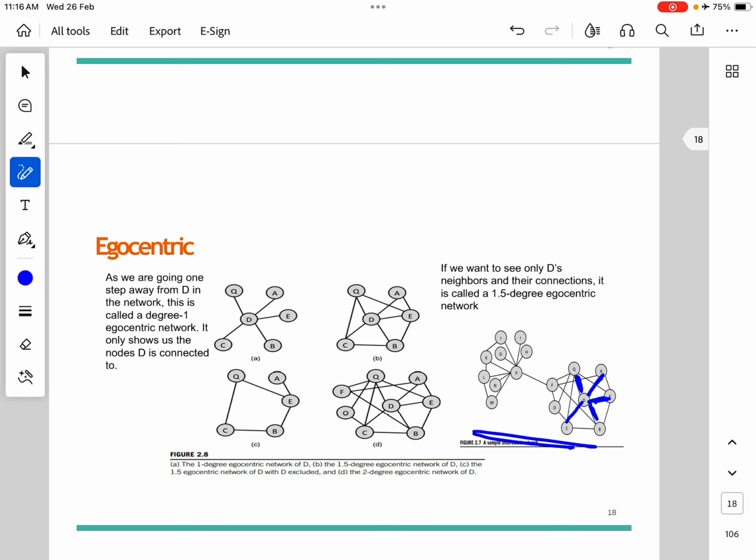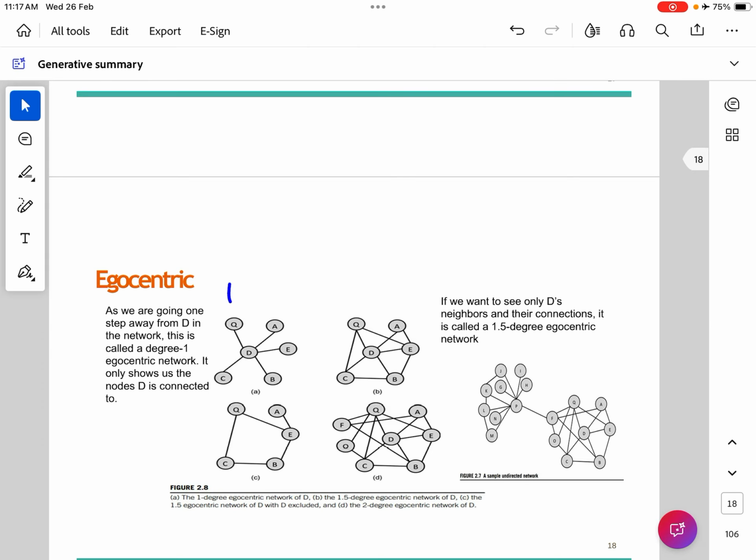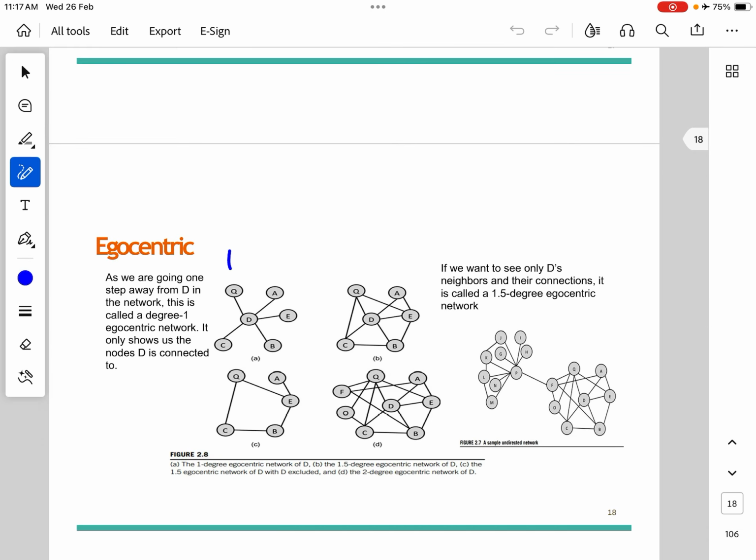When I want to talk about a 1.5 degree egocentric network, if we want to see only D's neighbors and their connections, it is called a 1.5 degree egocentric network. For 1.5, first make the 1 degree. So this is 1 degree, we know. Now make the 1.5. Now 1.5 will be their connections, that means connections of A, E, B, C and Q. From this diagram we can understand that A is connected to E. So here we will draw a connection.